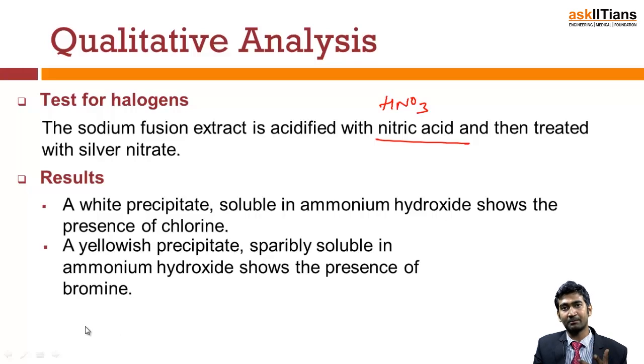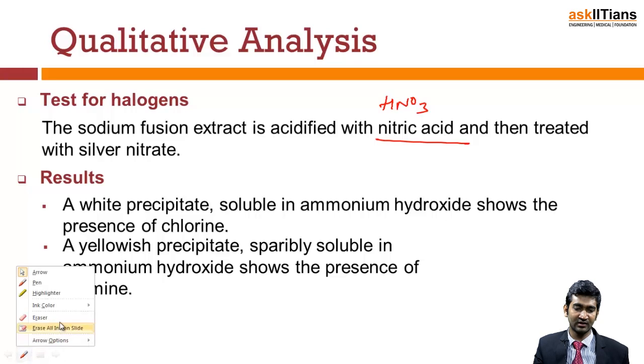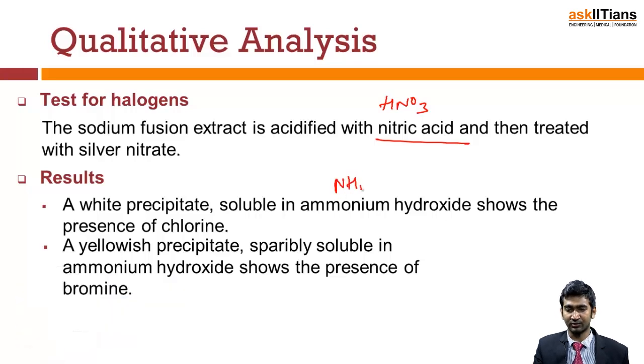A yellowish precipitate, which is sparingly soluble in NH4OH, is the test for bromine. For chlorine, it is a white precipitate.